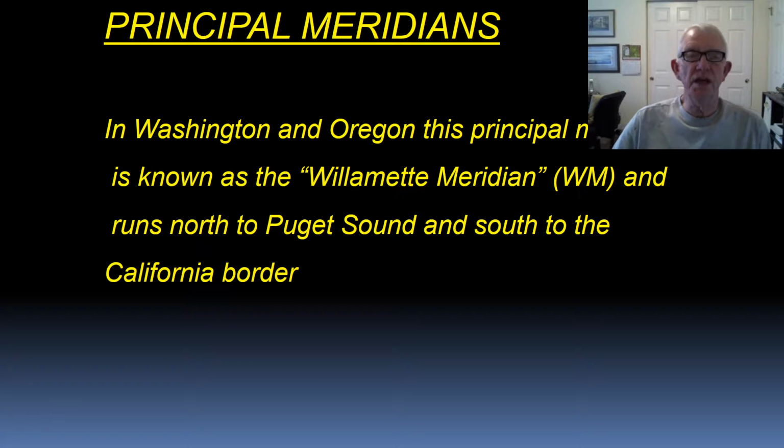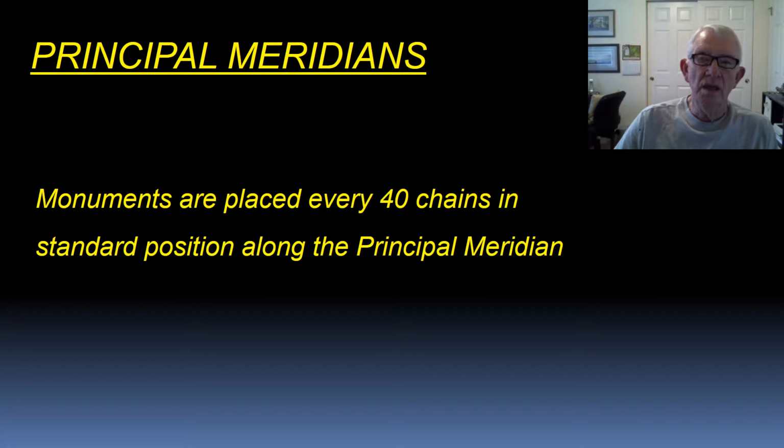As I just said, in Washington and Oregon, the principal meridian was known as the Willamette Meridian. You'll hear that all the time, or you'll see it abbreviated WM, and it runs north to Puget Sound and south to the California border. As they were running this principal meridian, they would set monuments every 40 chains.